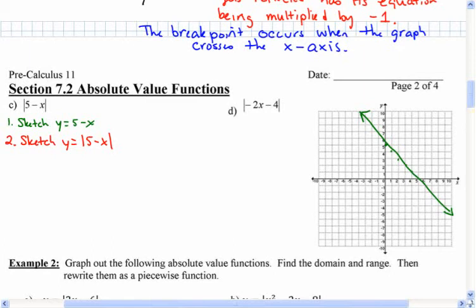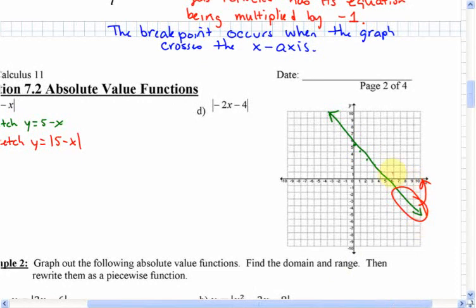Tell me, which part do I reflect now? Can you see that it's this stuff down here that I need to reflect? If you were to reflect this properly, do you get a graph looking like this? And what's the break point here? Where does it change direction? At 5. Good.